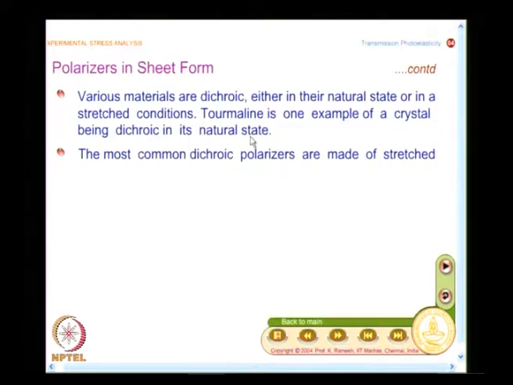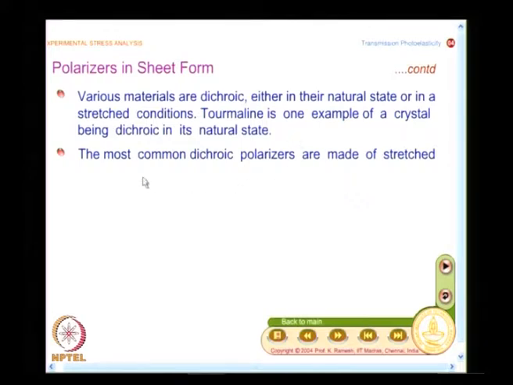Like we have seen natural crystals which are birefringent, you also have tourmaline, which is one example of a crystal being dichroic in its natural state. And what we have seen while making the Polaroid sheets was, you had polyvinyl alcohol stretched.